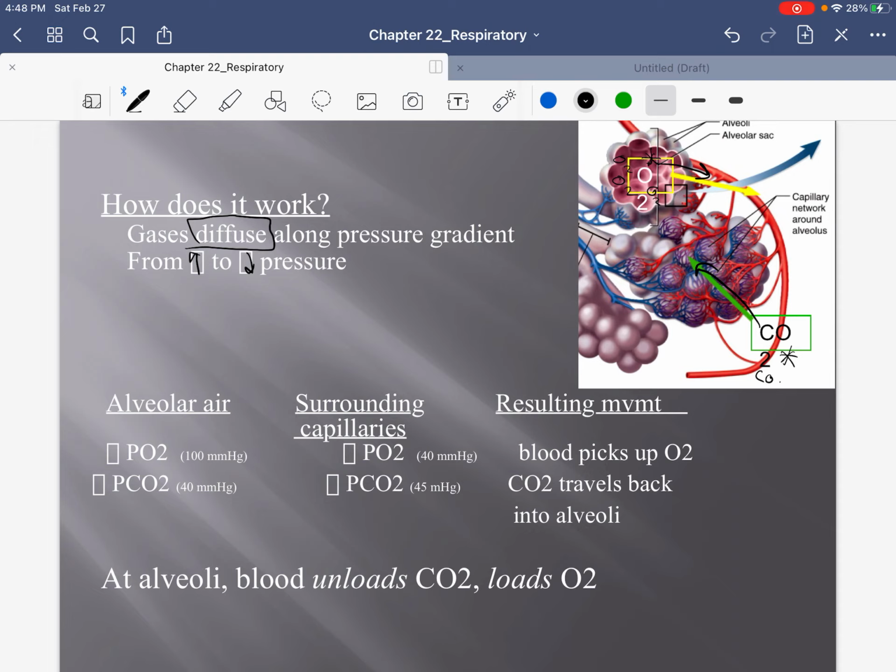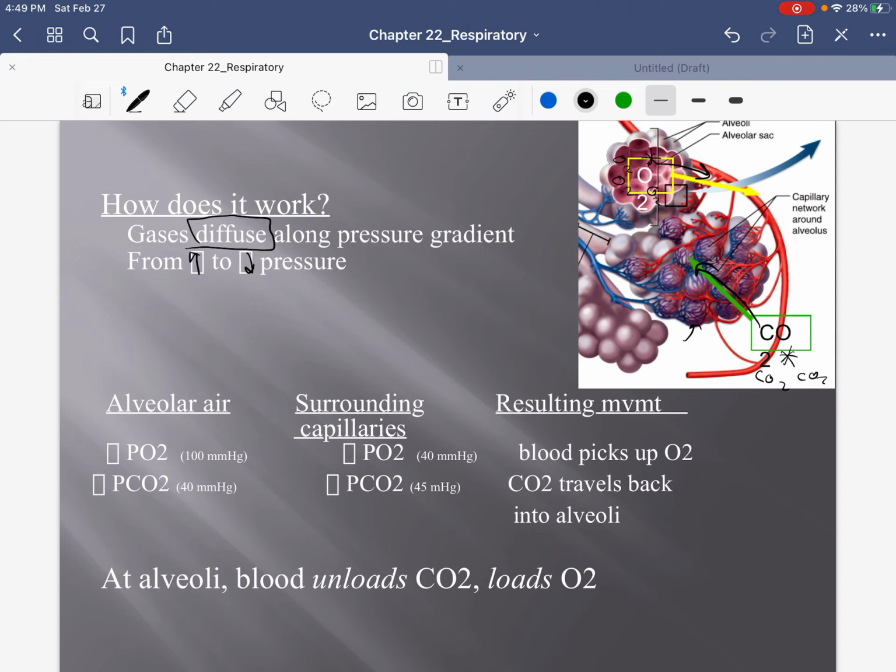CO2, we're going to have more CO2 in this venous blood here, and very little CO2 inside the alveoli. So CO2 will move along this concentration gradient from higher amounts in the venous blood to lower amounts inside the alveoli. And I'm going to give you some of the pressure differences.